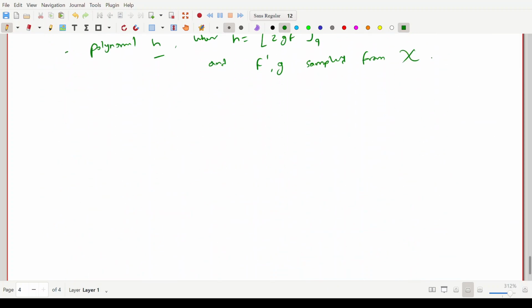So let us first see what this modified NTRU is. The ring R is Z[x] modulo x raised to n plus 1, and n is a power of 2.